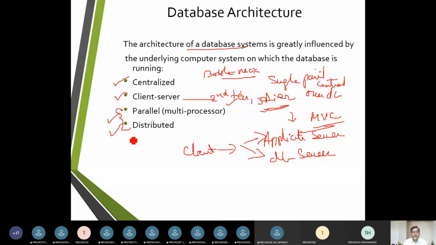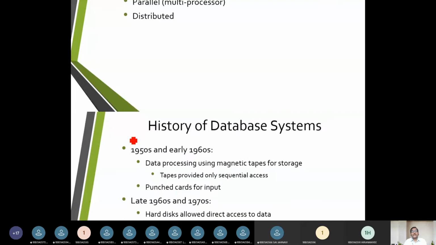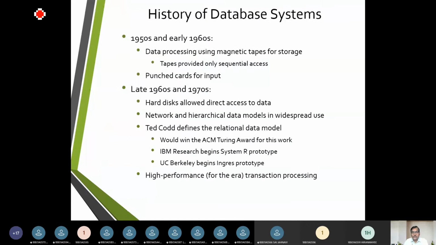Now the history of this database management system. In the 1950s to 1960s, people had data processing here, and people used punched cards. Thereby, in the 1960s, the hard disk evolved, and Codd's rules.